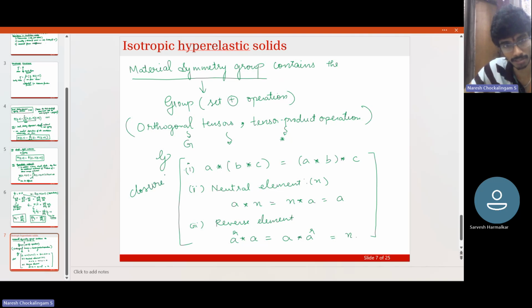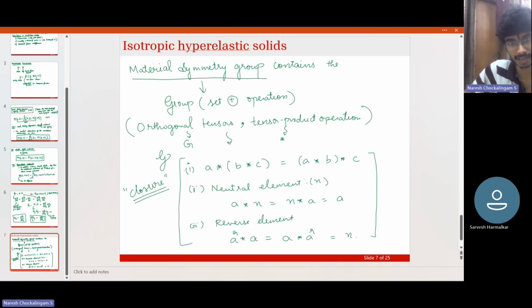So the closure property is also important. You take two elements of the set and do this star operation on them. The result has to lie in the same set G. Then it means that the set is closed. Only if it is closed can we do all these operations. So if it is closed, then you look for these three conditions.